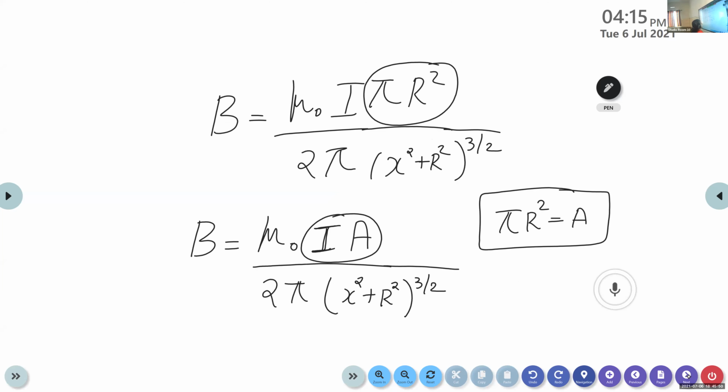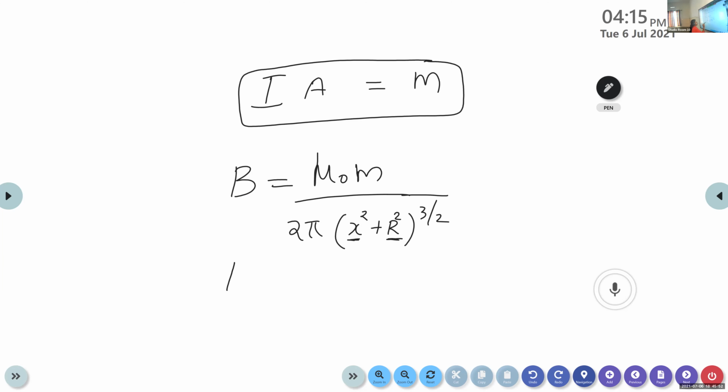So in this equation we can say r is very, very less as compared to x, so we can neglect that r. The radius r is very, very less as compared to the distance of the point P from the center of the loop. So we can neglect the term r from this equation.